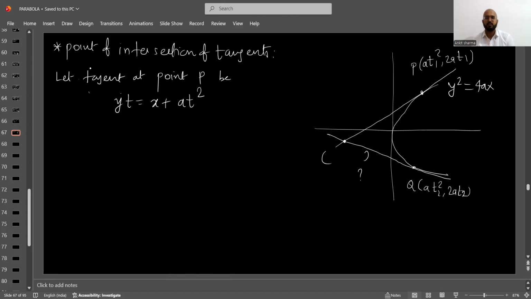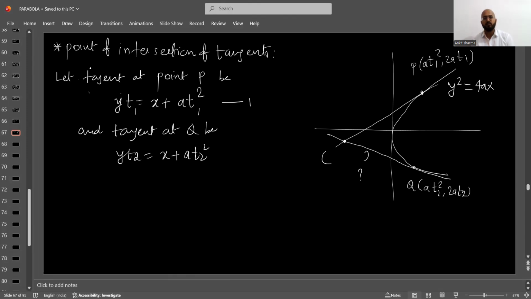And tangent at Q will be yt2 is equal to x plus at2 square. Now I want to find out these coordinates, x and y, where do they intersect?